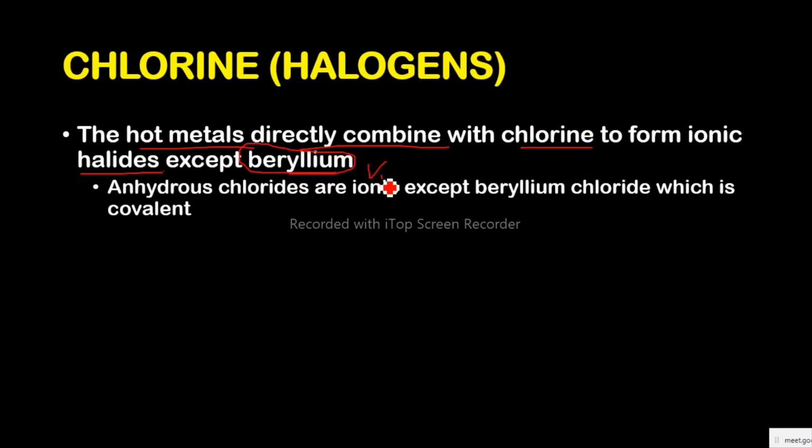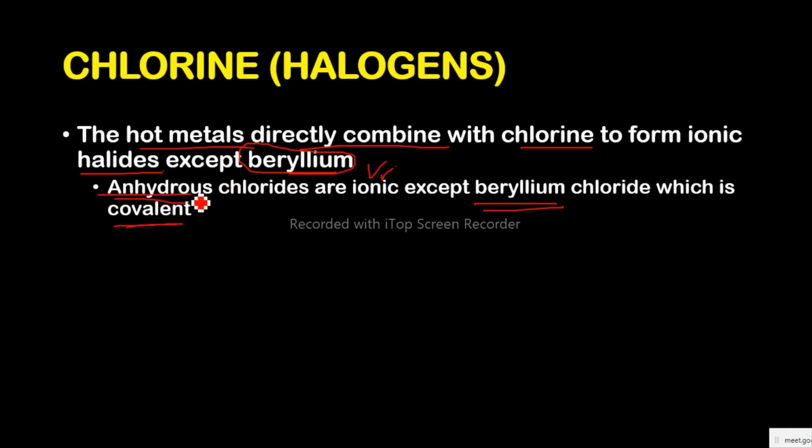And I think at this level you can answer why beryllium. And anhydrous means does not have any water molecules. Anhydrous chlorides are ionic except beryllium, which is covalent in nature.